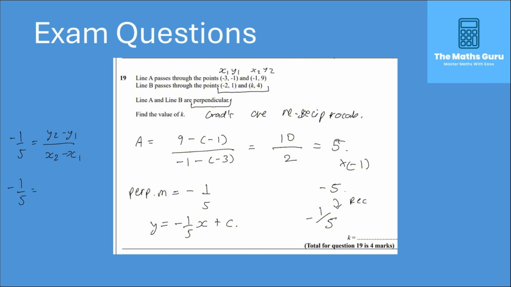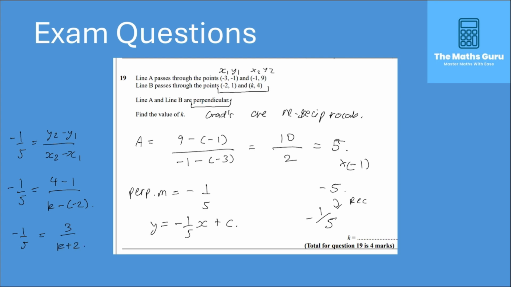So minus 1/5 in the case of line B is equal to 4 minus 1 divided by k minus minus 2. So minus 1/5 is equal to 3 over k plus 2.